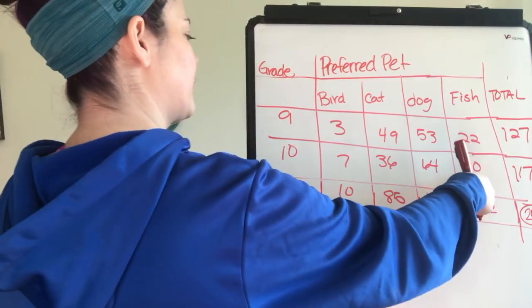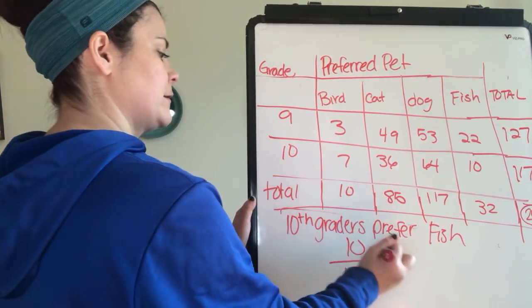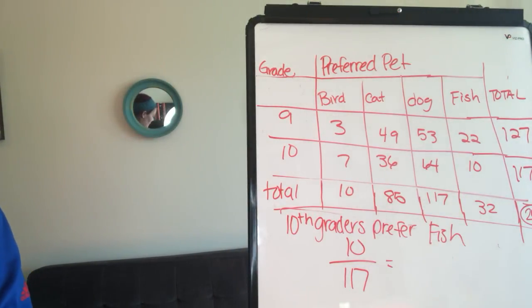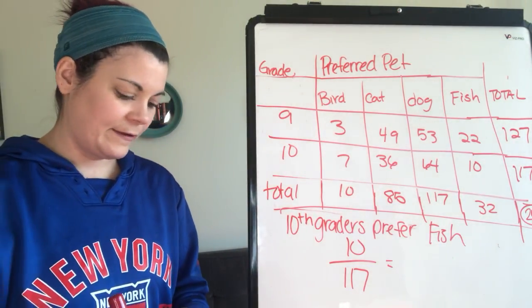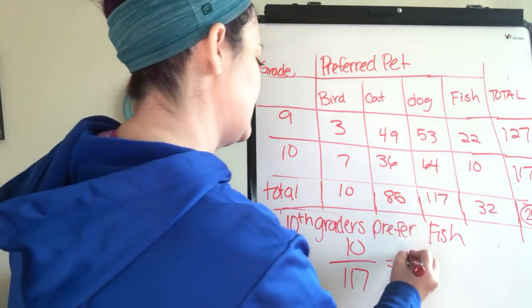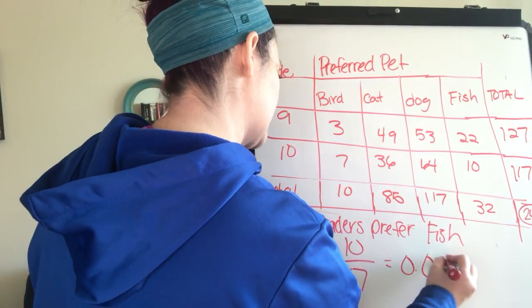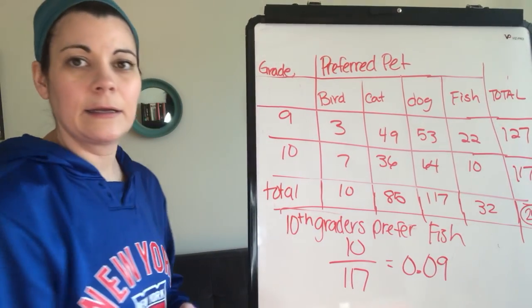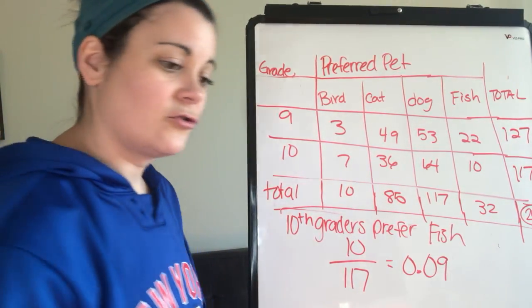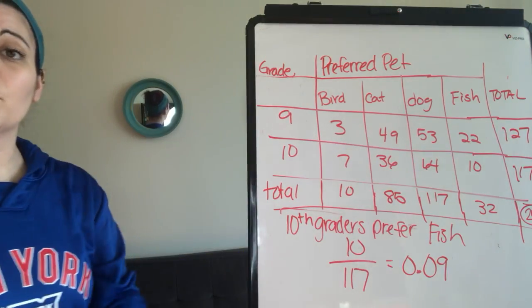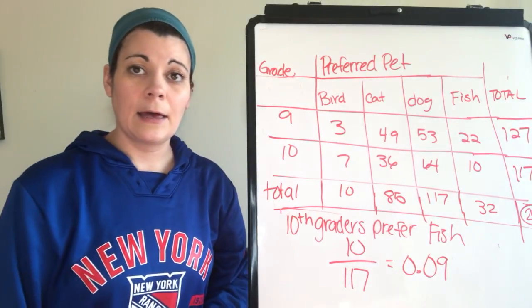The number of 10th graders that prefer a fish is 10. So 10 out of 117. 10 divided by 117 is 0.09 if I round it. And that is conditional relative frequency and how you read a two-way frequency table.